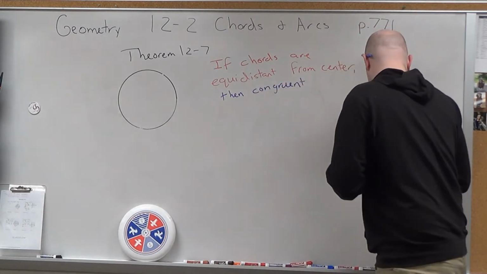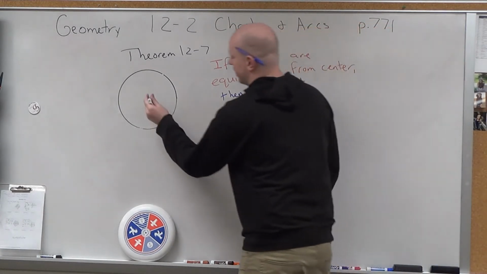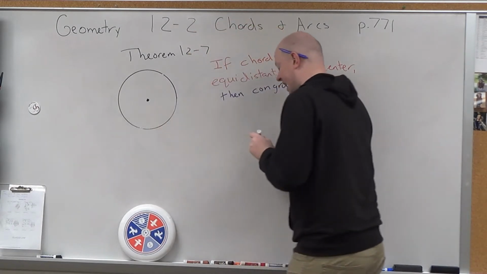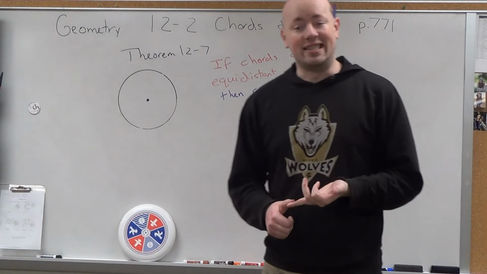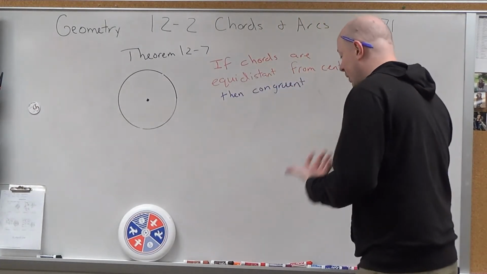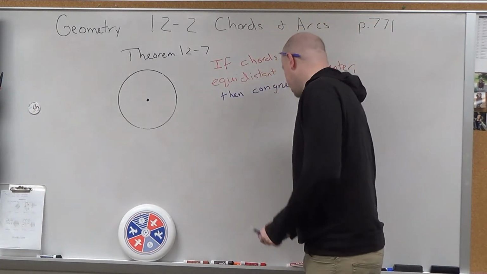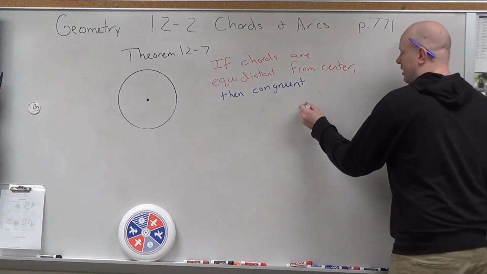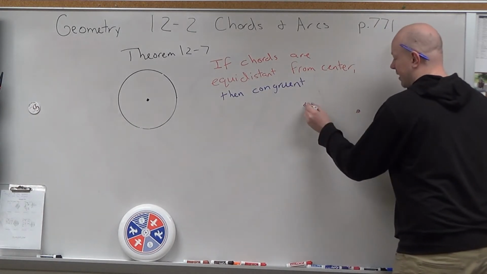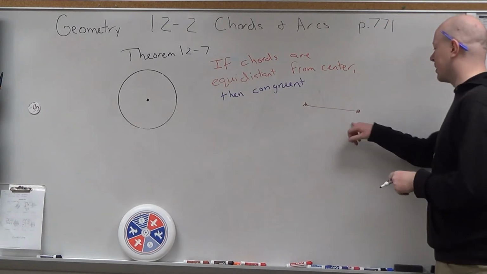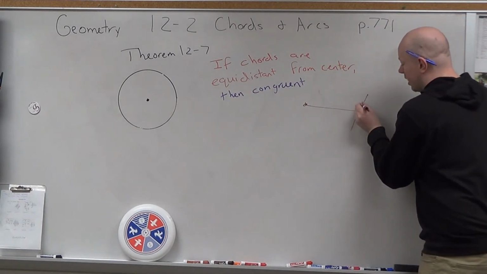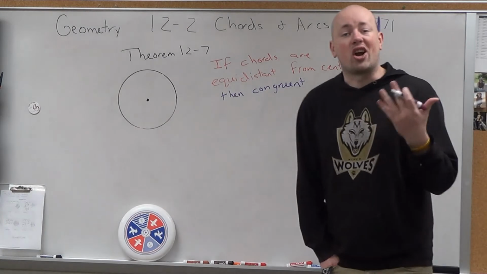So first, of course, I'm going to need a center. Now, equidistant from the center is exactly what you think it means, equal distance. Now, the way I know it's an equal distance is, remember the idea is the closest distance between any two points would be a line. What also has to be true about that line is it would always be perpendicular, just like our heights.